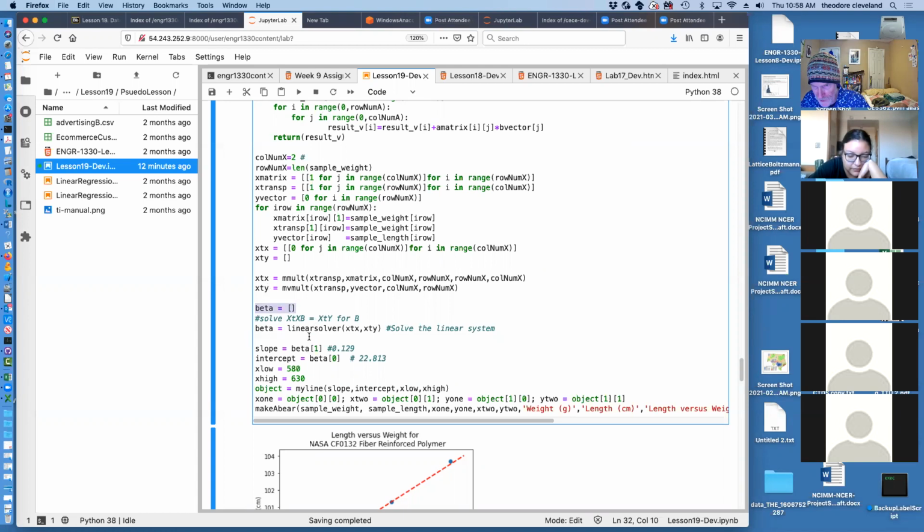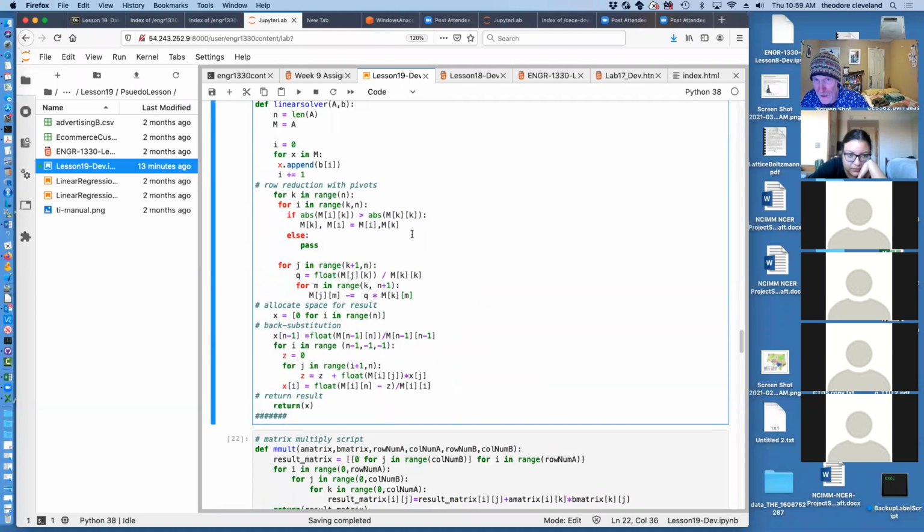So we have our solution vector beta, which starts out as an empty list, and we're going to apply our linear solver program that we wrote, and from that the slope is going to come back as beta 1, and the intercept will be beta 0, and then we'll go ahead and plot my line.